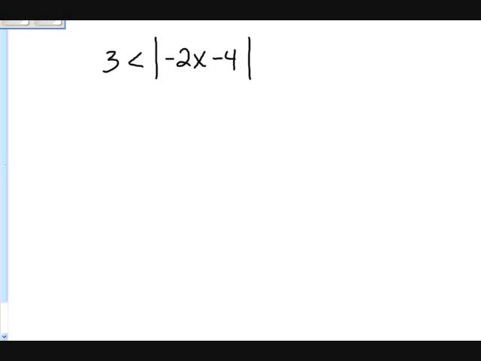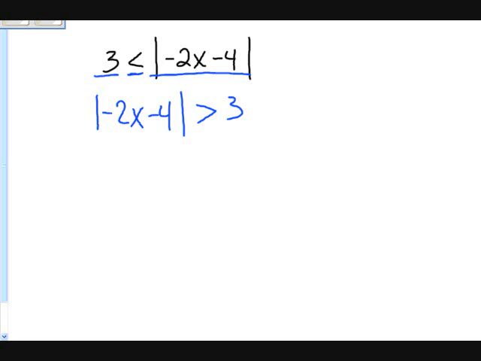Usually we like for them to be on the left hand side. So what we're going to do is flip this entire thing and make this look like it usually does. Now, in order to flip this, I have to make this a greater than symbol now in 3. So we took the entire problem and flipped the entire thing. We don't just flip these two sides right here. We also have to flip the inequality symbol as well.